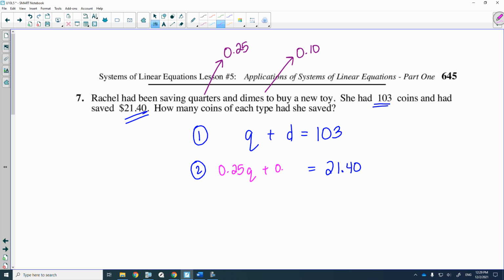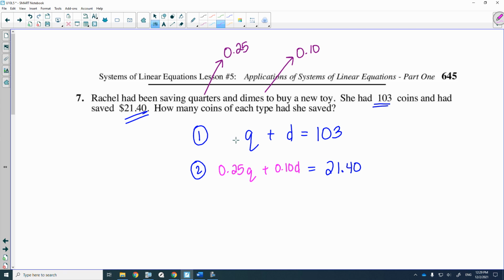0.25Q plus 0.10D. 25 cents for every quarter she has, plus 10 cents for every dime she has, totals $21.40. Now, the other class, half of them were doing elimination, and they multiplied this first system by 0.25.